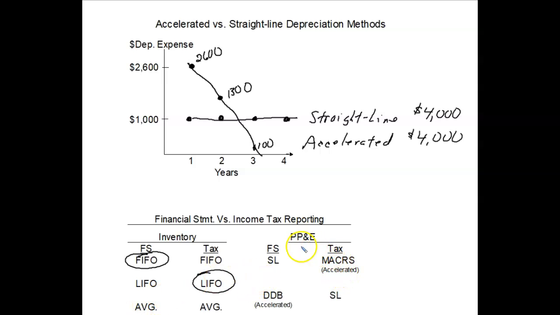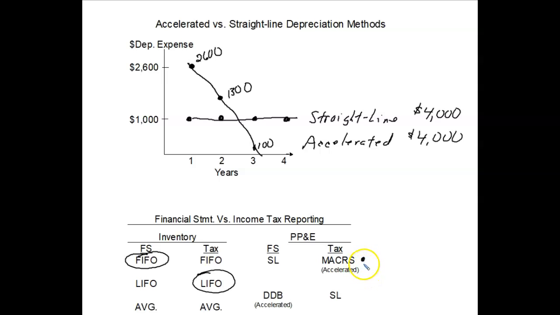And so for property, plant, and equipment, these long-term assets, I can use straight line or an accelerated method. And I've got DDB here for double declining balance, but there are other options as well. I really want to compare straight line and accelerated. For tax reporting, I can use only one choice of accelerated method, and that's this thing called MACRS, Modified Accelerated Cost Recovery System.